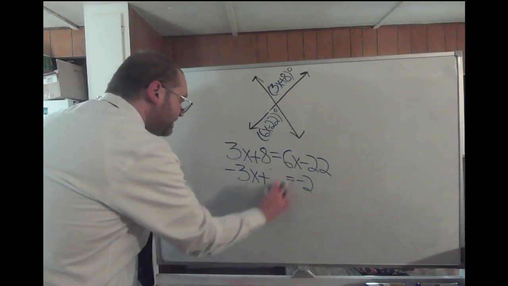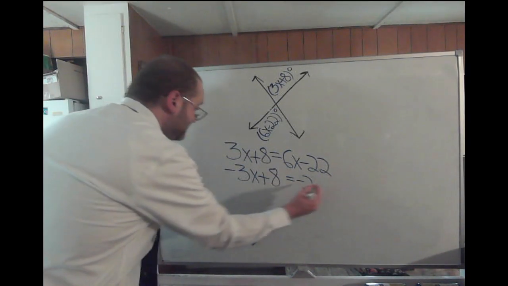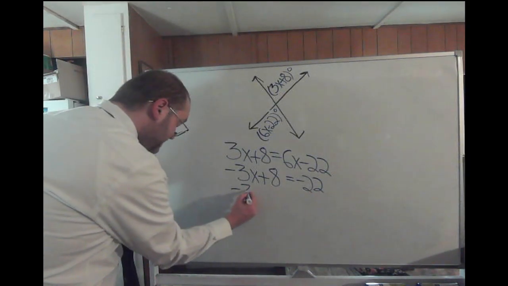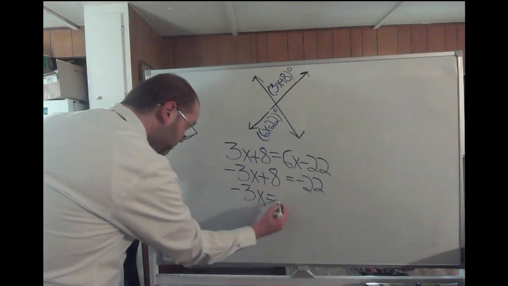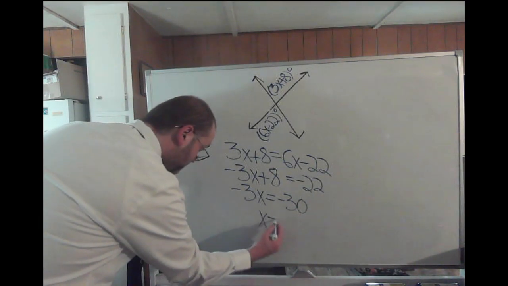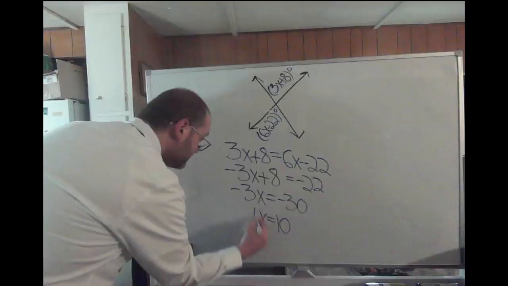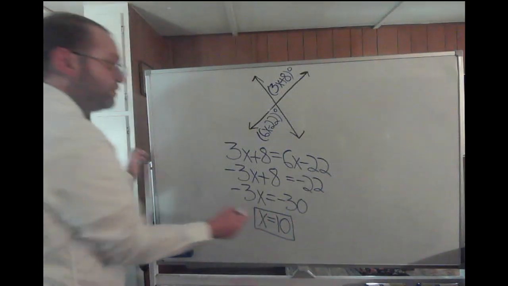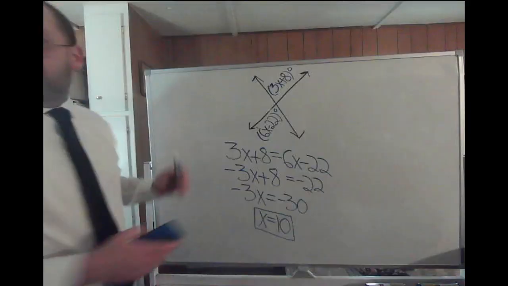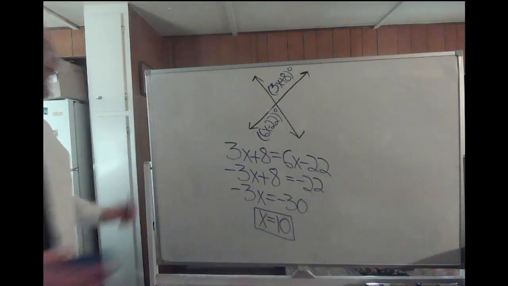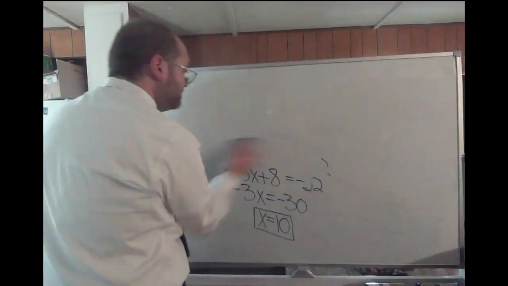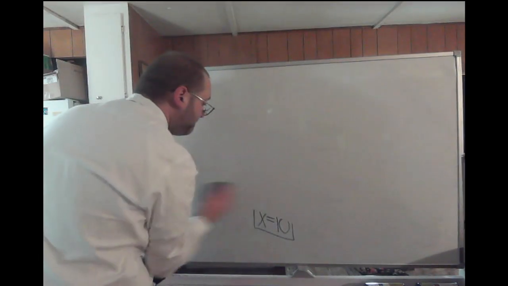That's going to change my answer big time. Just 8 is equal to negative 22, which means negative 3x would equal negative 30, which simply means x would equal 10. So the value of x from these 2 vertical angles would be 10. So yes, now you're starting to fully see where algebra and geometry come into play together.